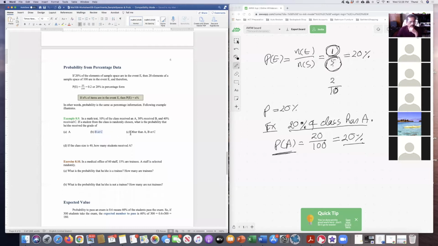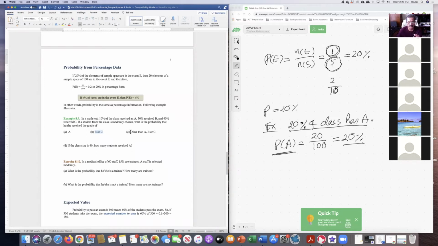That's right. Now, to find how many received other than A, B, C, we had to add these percentages: 40 plus 30 plus 10, that's 80. So 20% received other grades, right?